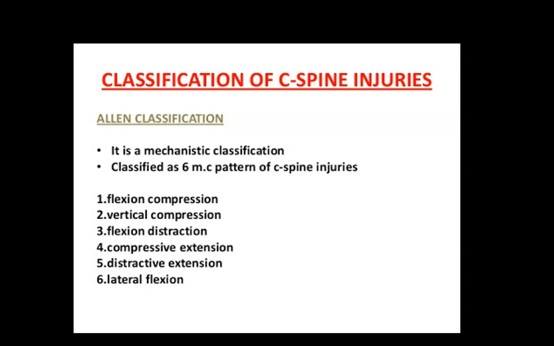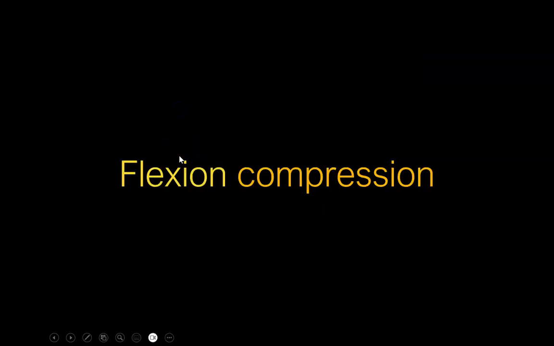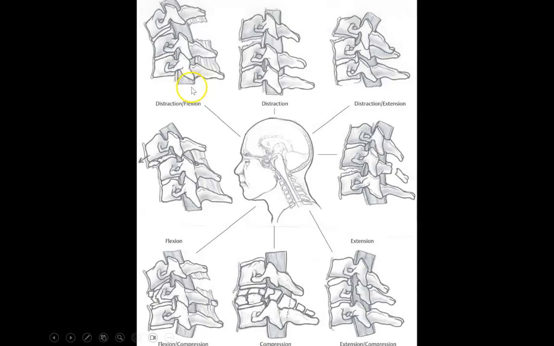And here is the Allen classification. And here, as we said, this is flexion, vertical and extension. You can get a distraction of the vertebrae.